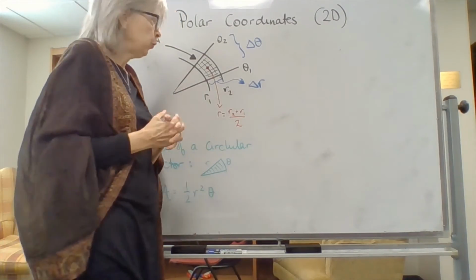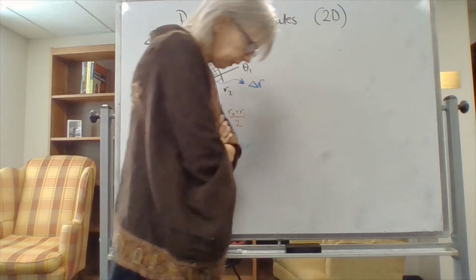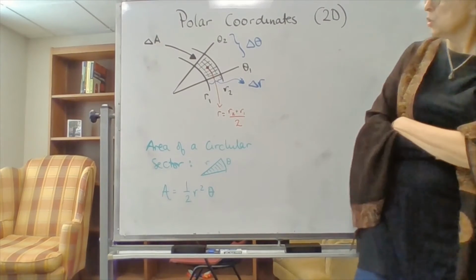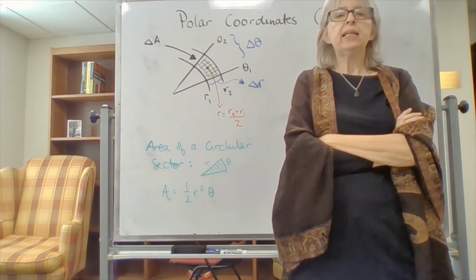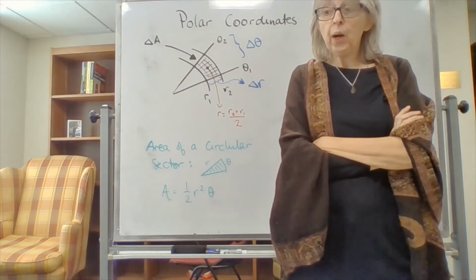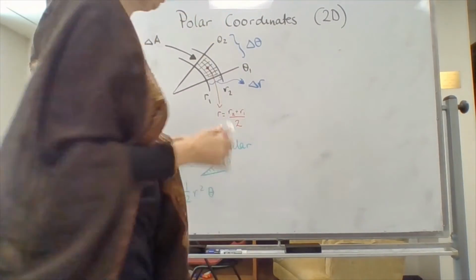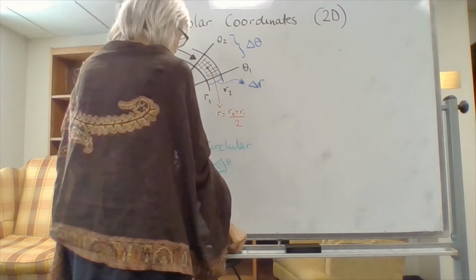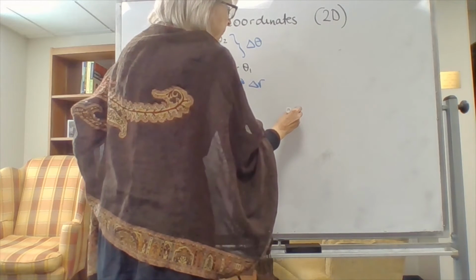I'm going to rewrite this region that I've shaded, that I've called delta A. I'm going to redraw that so that I can find a formula for its area. So what I'm going to do first is take a chunk that goes from the pole to R1.